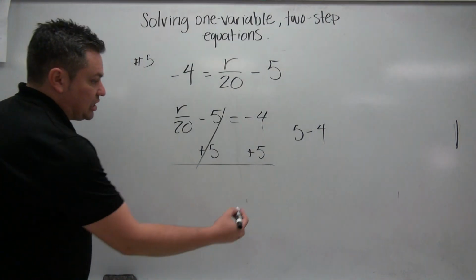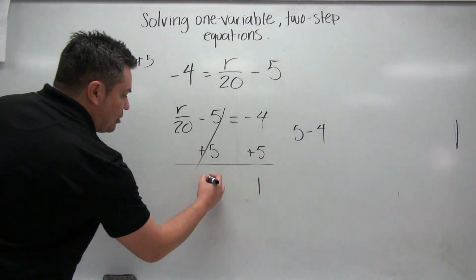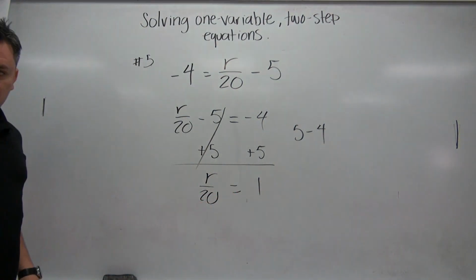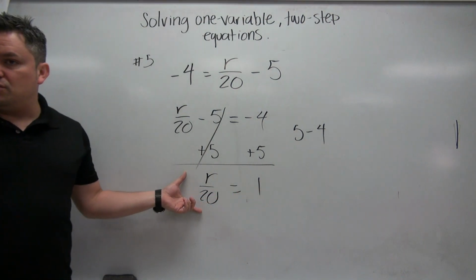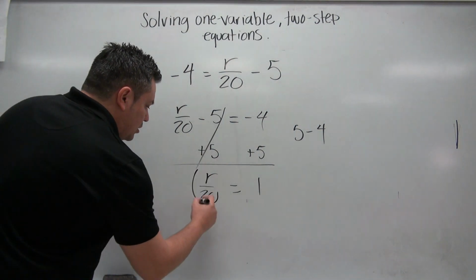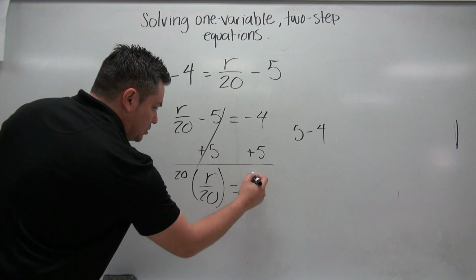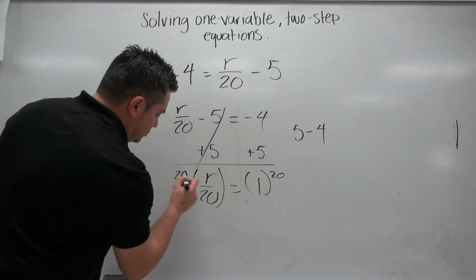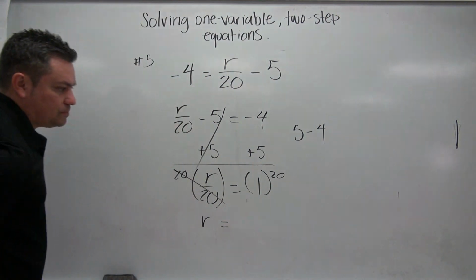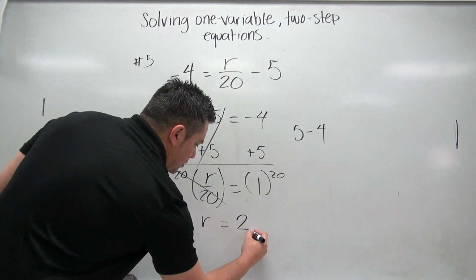Isn't that 1? So that's positive 1, and you have r over 20. You keep the equal sign where it is, and my last step is going to be to do what? Multiply by 20, the whole thing, both sides. It cancels out, so r equals 20.